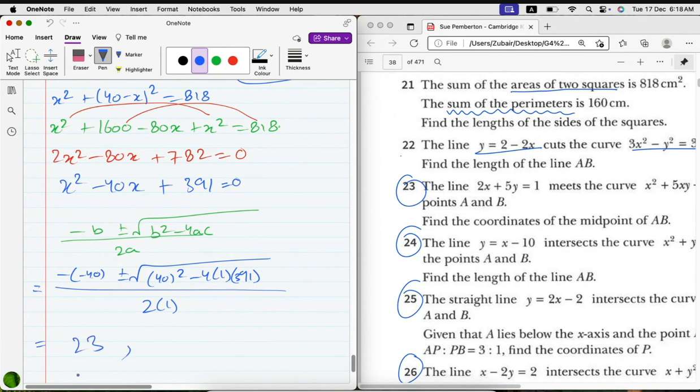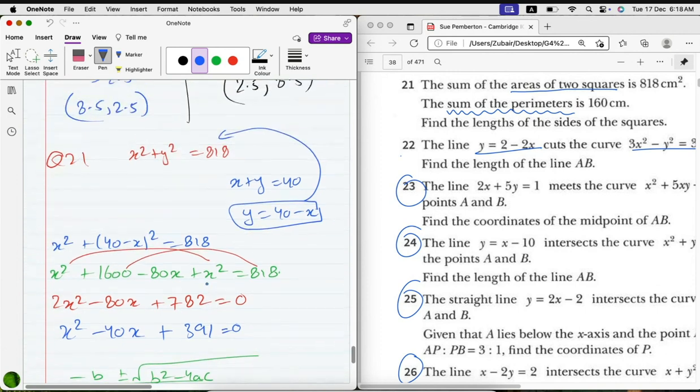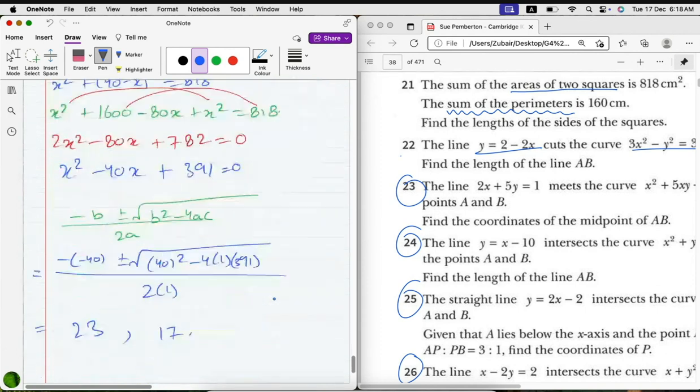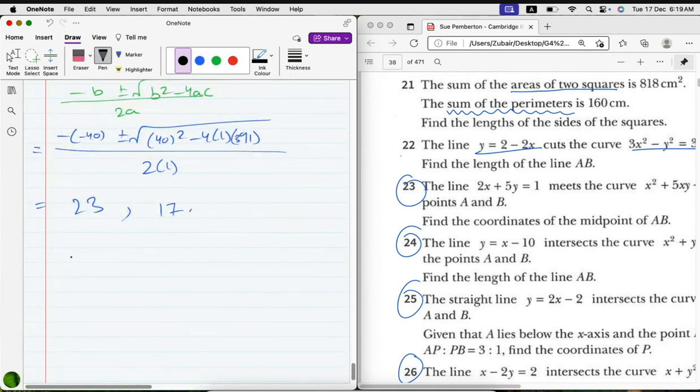Getting one exact 23 and the other 17. So y equals 40 minus x. If x is 23, y is 17.